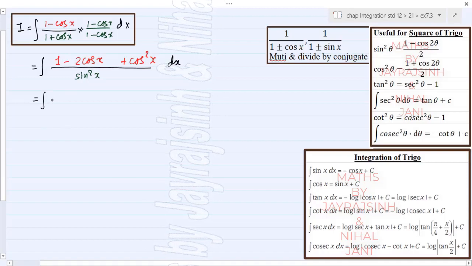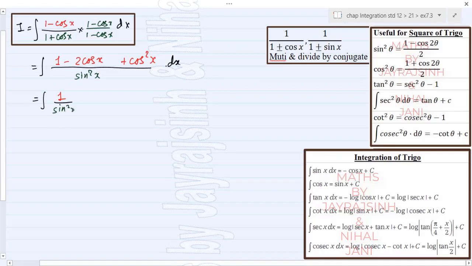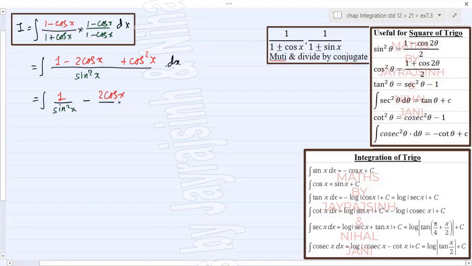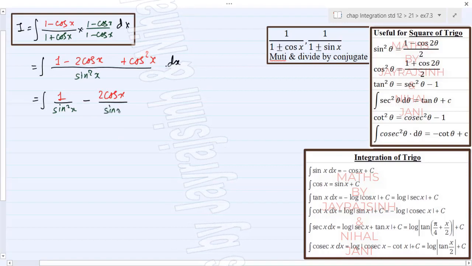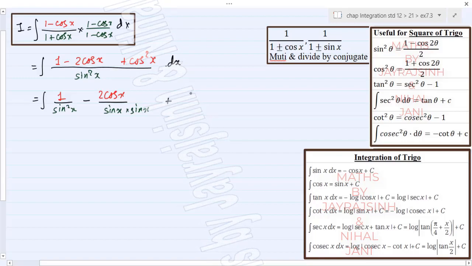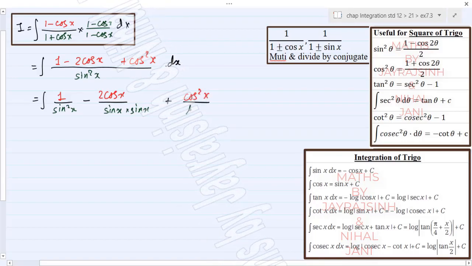So let's give individual denominator. 1 upon sine square x minus 2 cos x upon sine square x, or we can say sine x into sine x, plus cos square x upon sine square x.